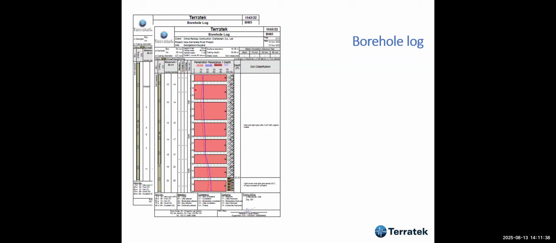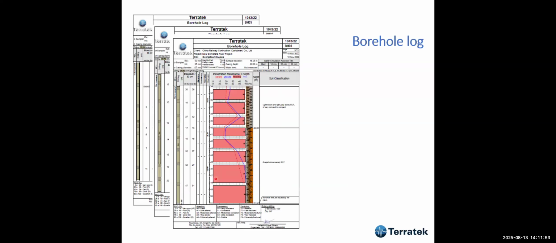Now we are at the depth of, where's the depth? Oh, somewhere here. Sorry. The depth is here. So we are at the depth of nearly 40 meters, and this borehole goes down to here, 50 meters.